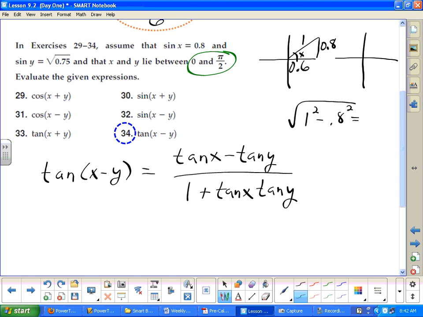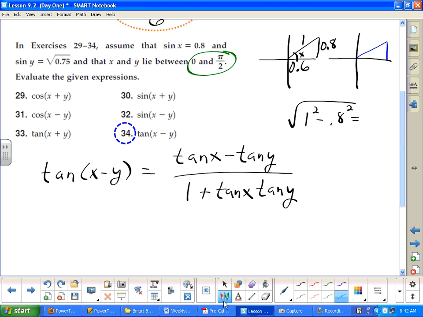Okay. All right, now it says our angle y is also in the first quadrant. So that's here. And it says angle y, the sine of y is square root of 0.75.